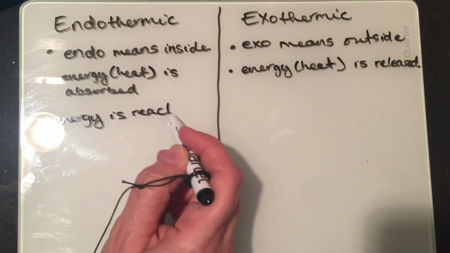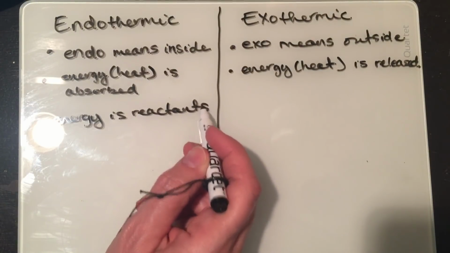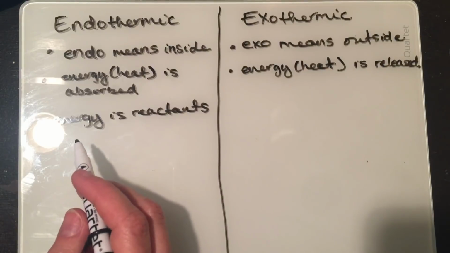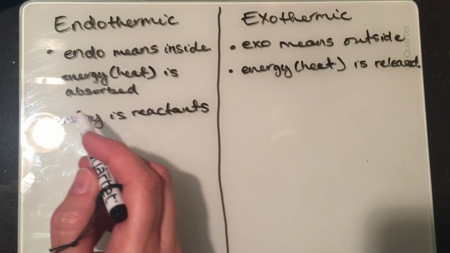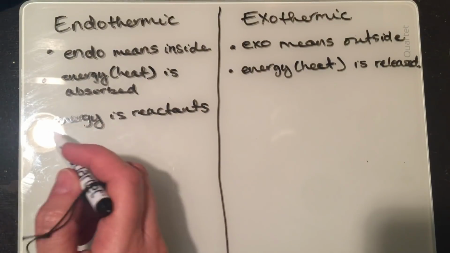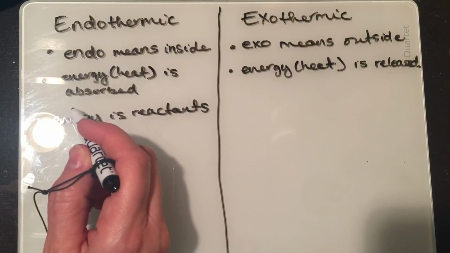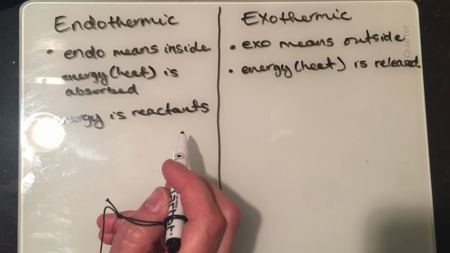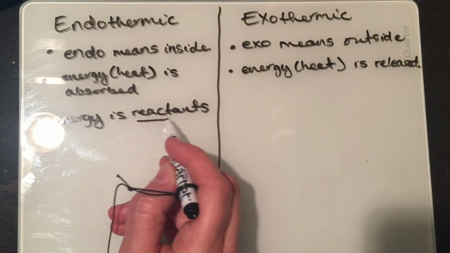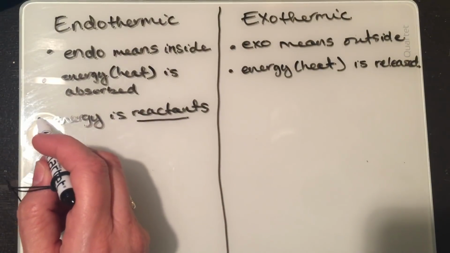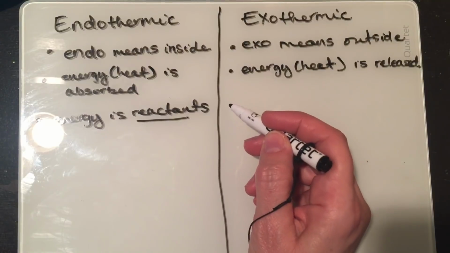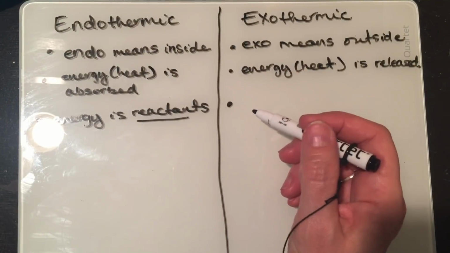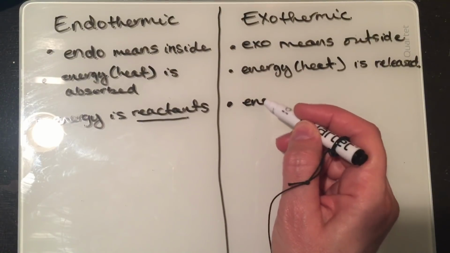Remember the photosynthesis equation that we just talked about had sun energy, okay? So it could be sun energy, it can be heat energy. It was required to make the photosynthesis occur, so it was actually a reactant, all right? In exothermic, energy is going to be on the product side.